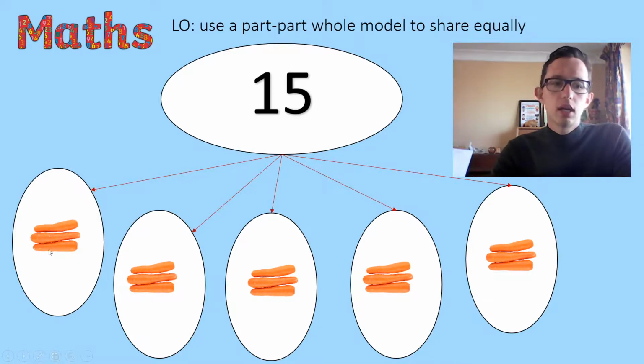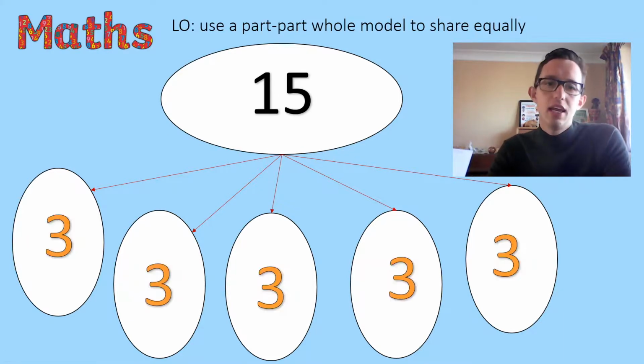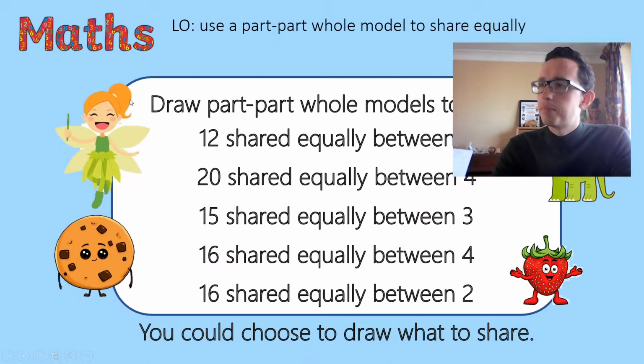Then we can count how many are in each group. They are all equal, and they have 3 in each part. So the carrots have changed into the number 3.